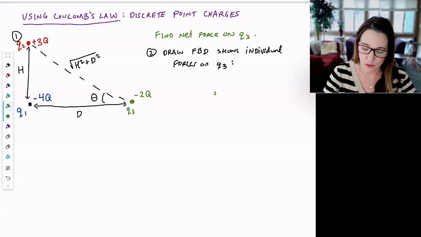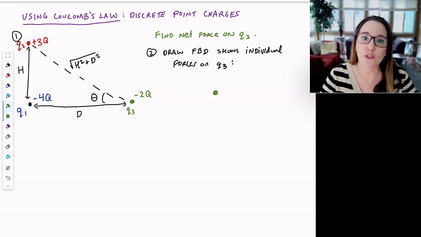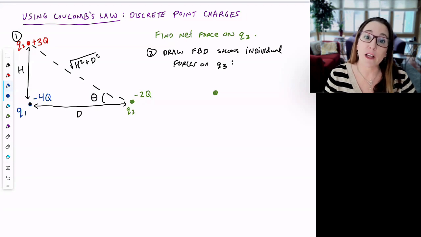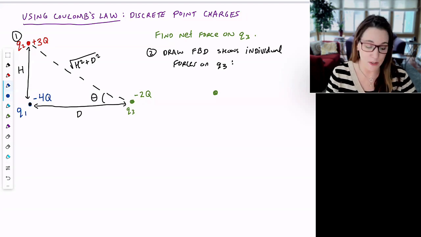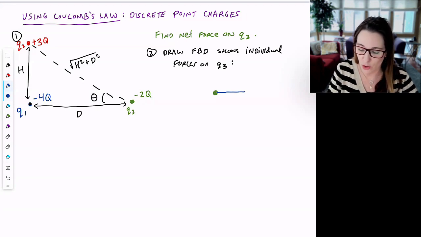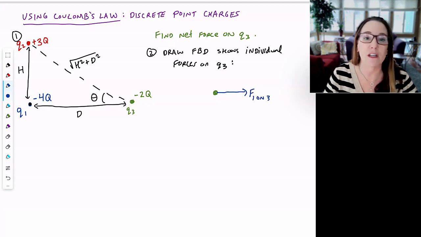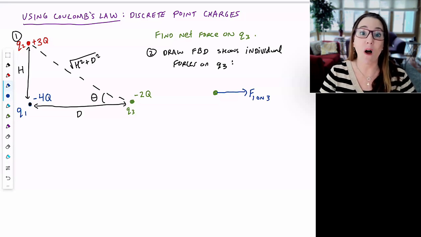So I'm going to draw Q3 here, and it's going to have two forces acting on it, one from each charge. It's a negative charge itself, so it's going to be repelled from Q1. I'll label this the force that Q1 exerts on 3. Don't worry about making your subscripts long if it helps you understand what's happening.